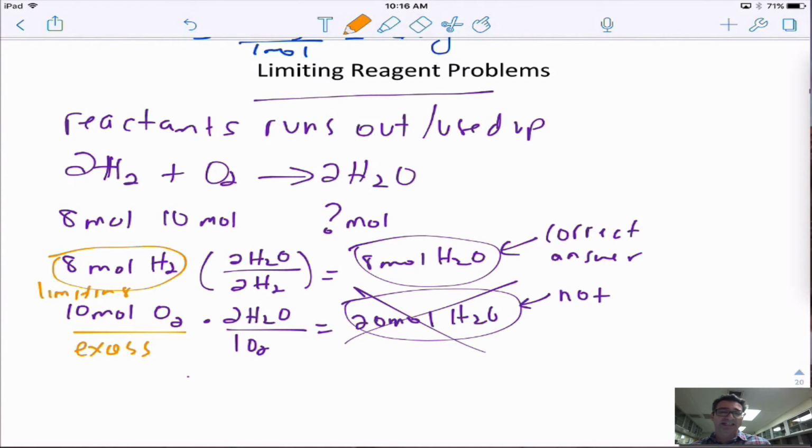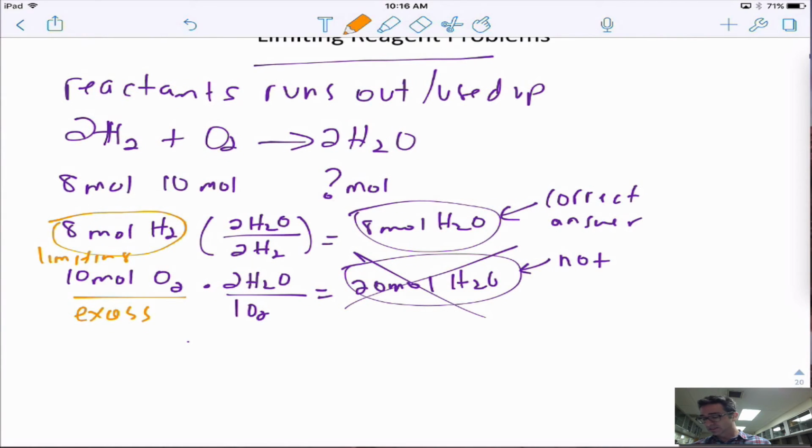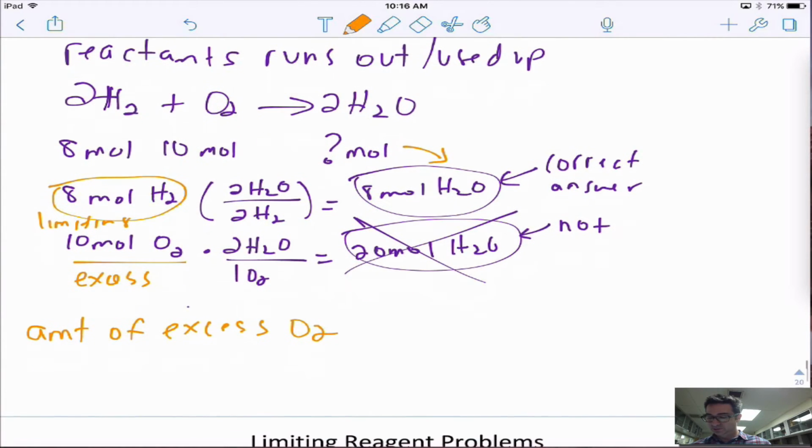Well, how much excess did I have left over? How much O2 did I have remaining? So at this point, we figured out we have 8 moles of H2O formed. How much excess O2 is left? And again, there's many ways to do this. One way that Mr. Casino and I were discussing and decided to go this route this year is to subtract the difference of the products.